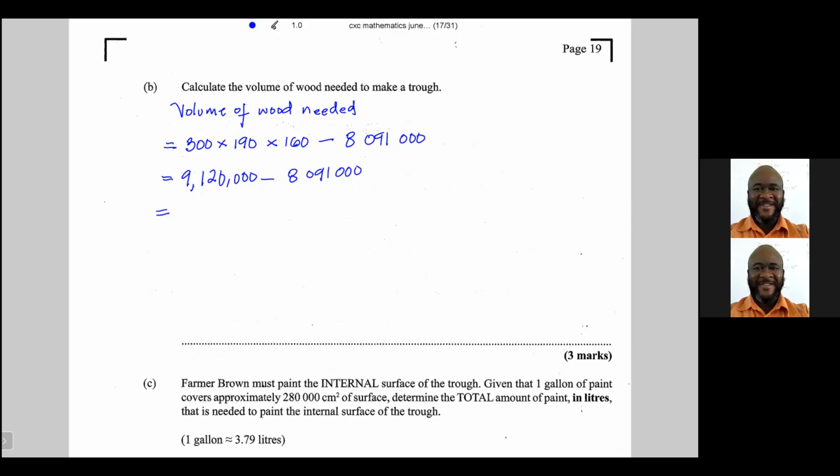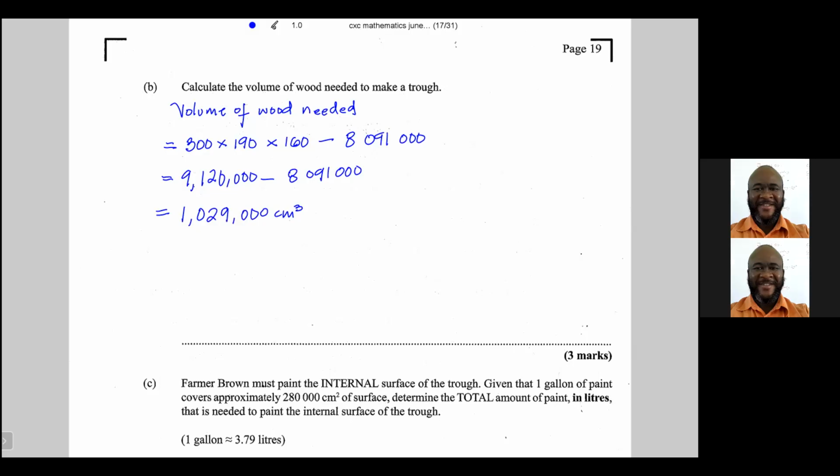The answer is 1,029,000 centimeters cubed, which is the volume of wood needed to make the trough.